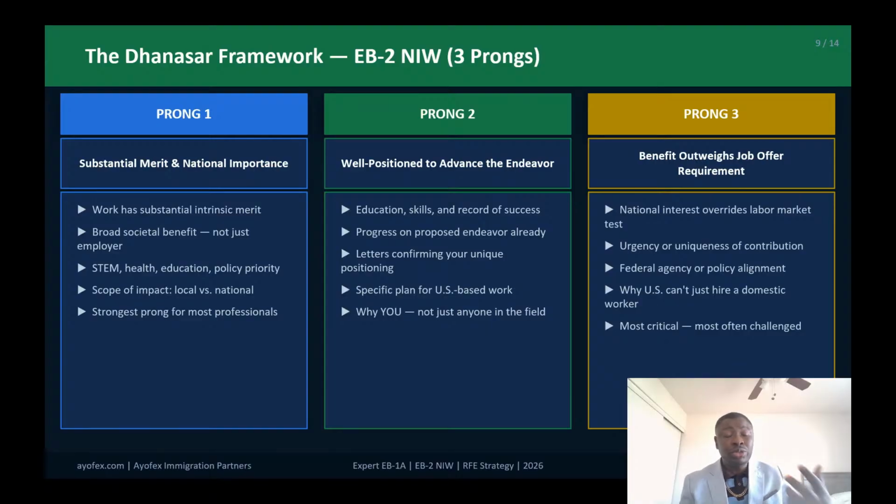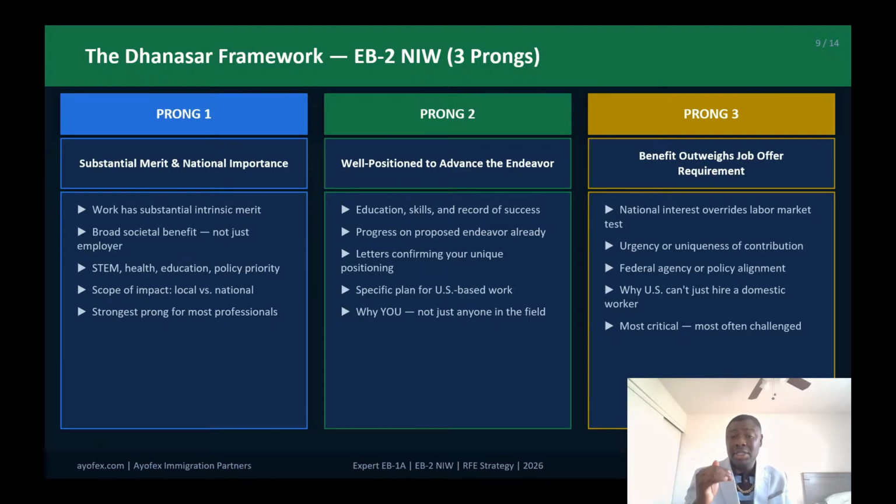Or do you want to come up with a cure for cancer, or help students or people with autism, or whatever problem you want to solve for America? That is what will make up your proposed endeavor.